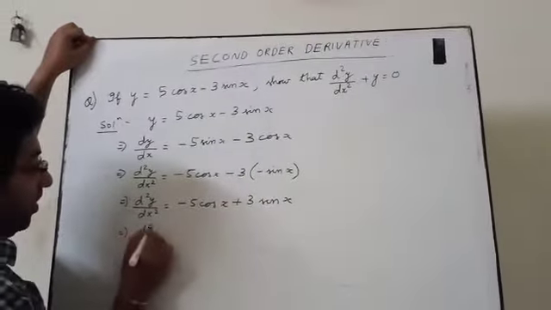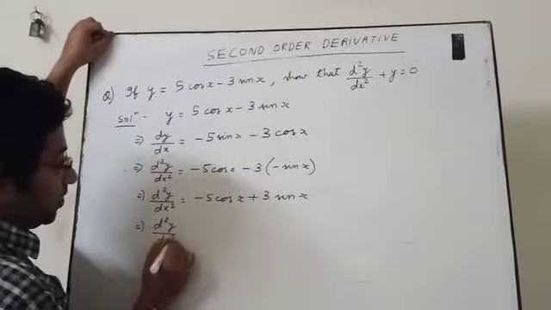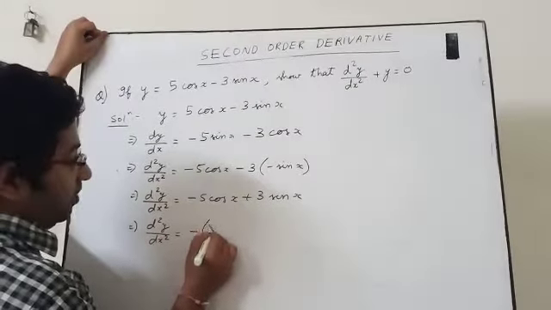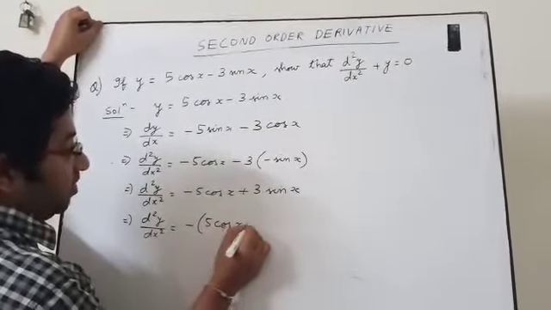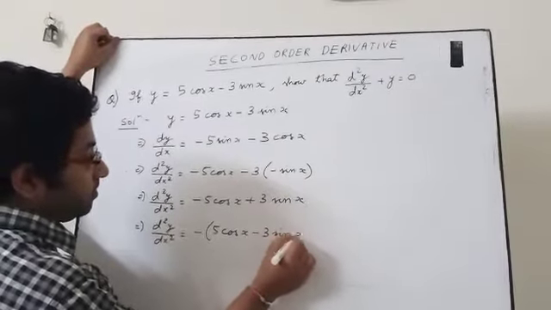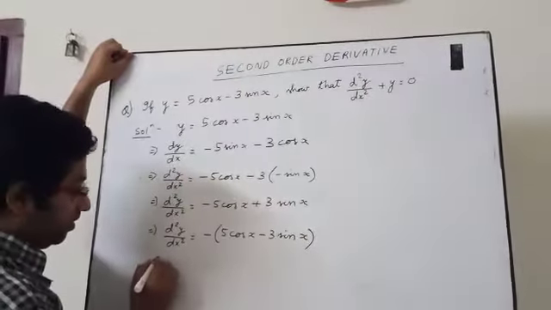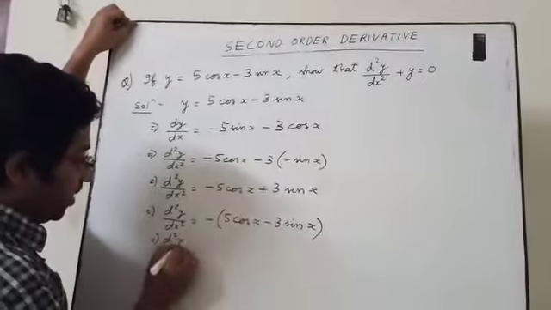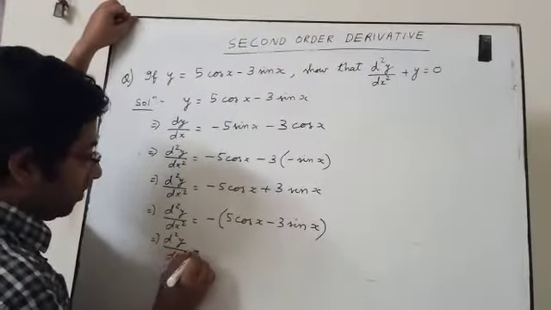So do some calculation. d2y by dx square equals minus, taking common, 5 cos x minus 3 sin x. What is this?